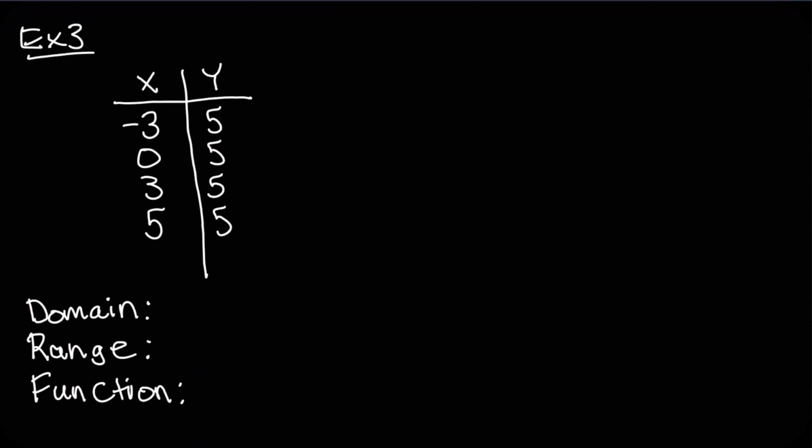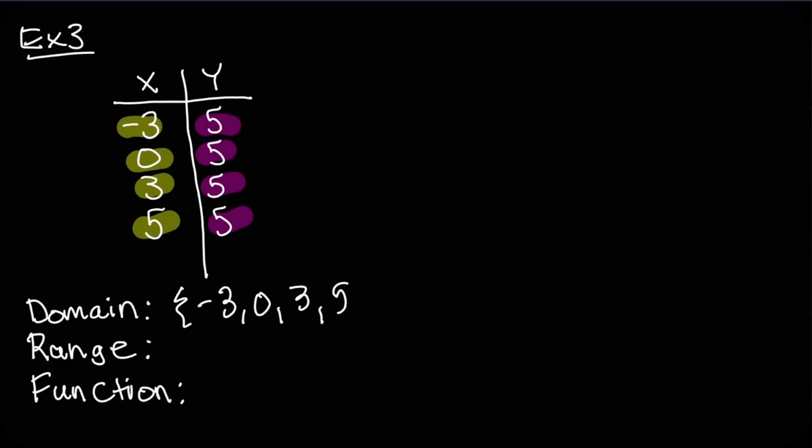Example 3, looking at it in a little bit different way. We have our x values again, -3, 0, 3, and 5. And then our y values are all going to be 5s. So domain, go ahead and write your x values out. -3, 0, 3, and 5.